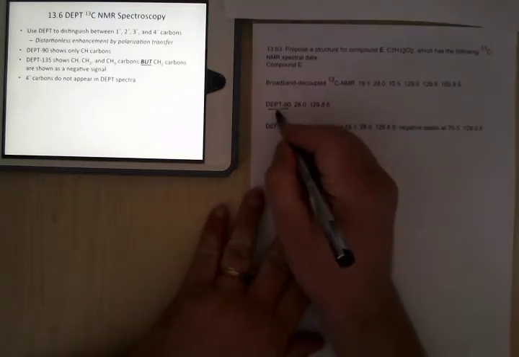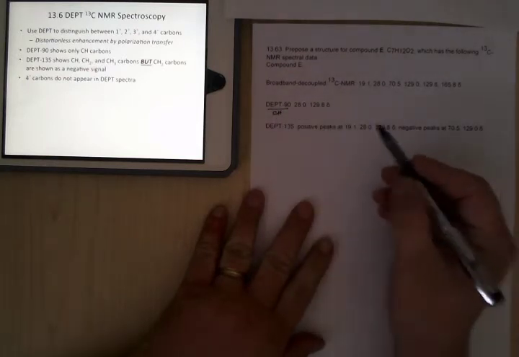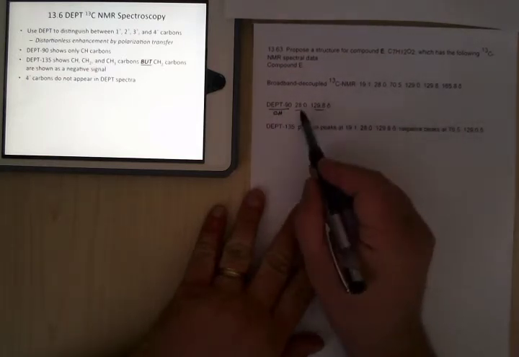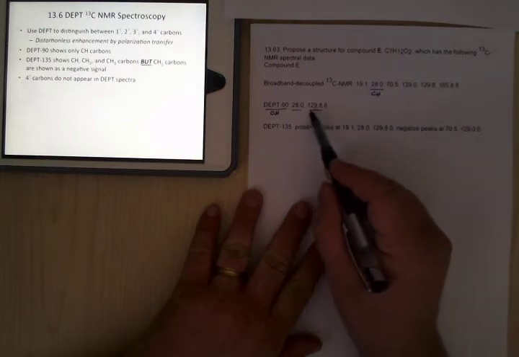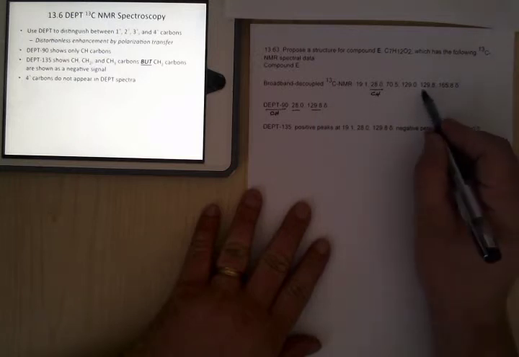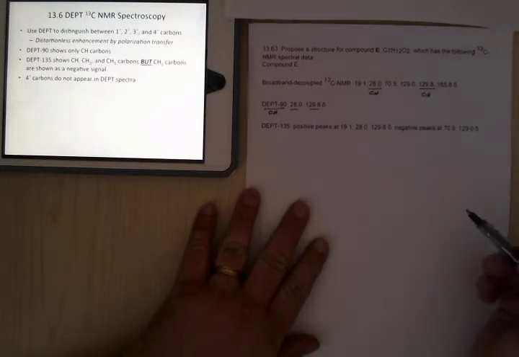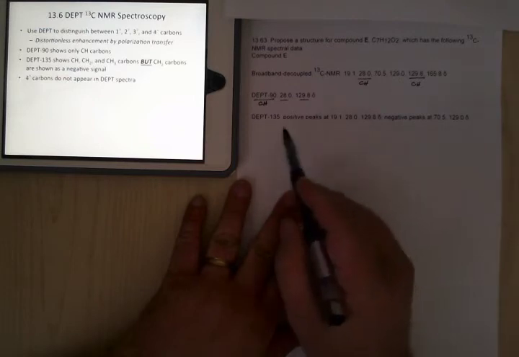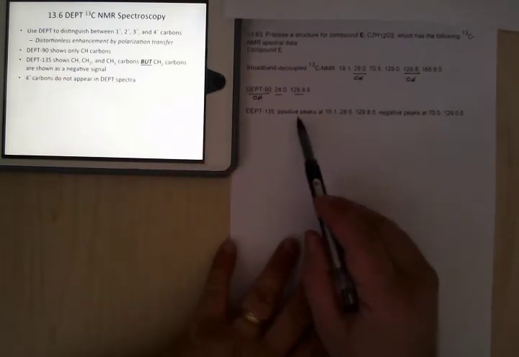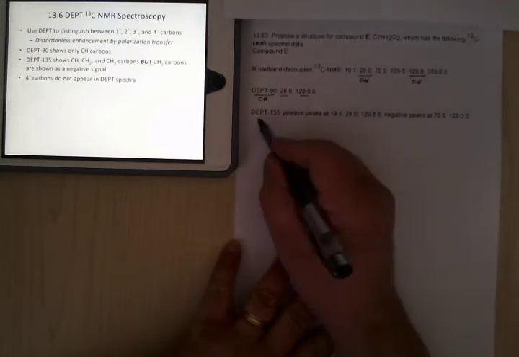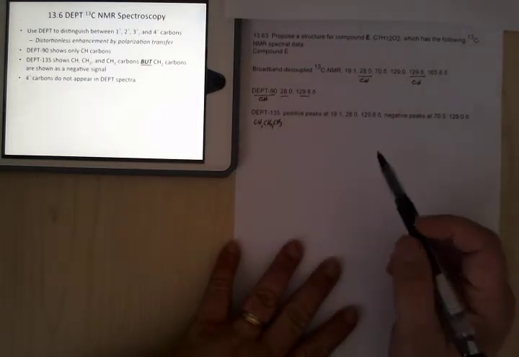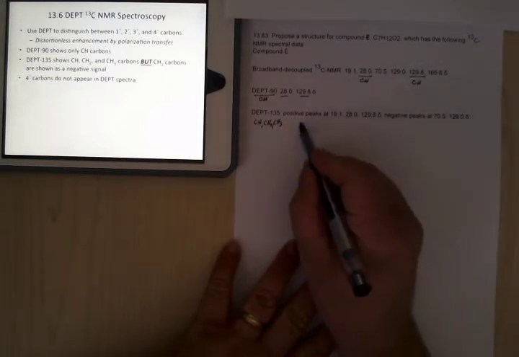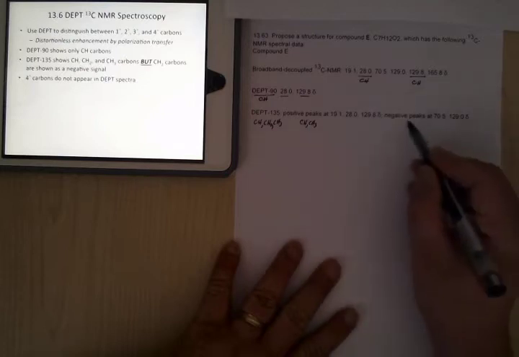So if you remember, DEPT 90 does what? That does CH. So we know that this one, the 28, is CH, and the 129.8, this one here, is also a CH. Now DEPT 135 does CH, CH2, CH3: the positive peaks are CH and CH3, and the negative peaks are CH2.